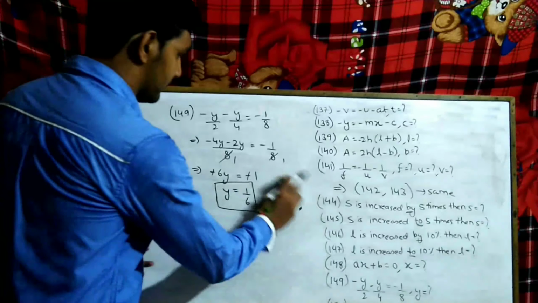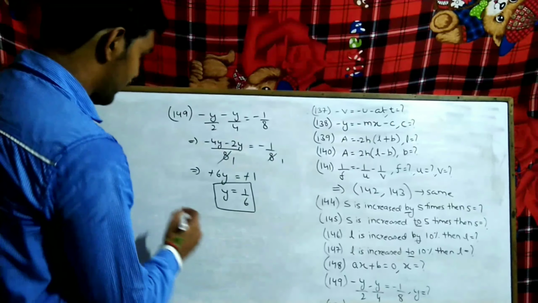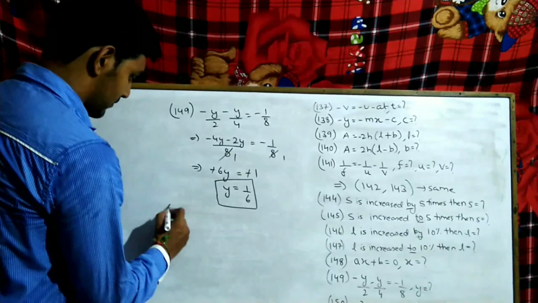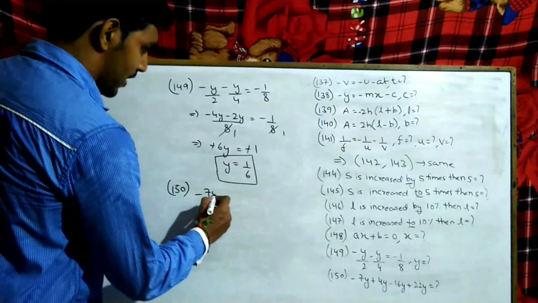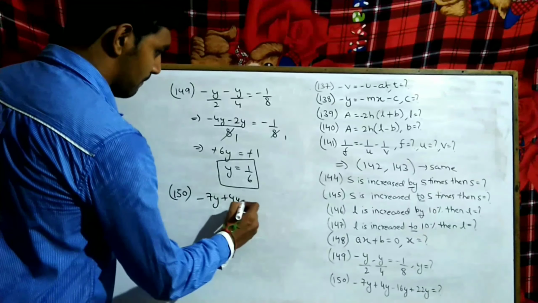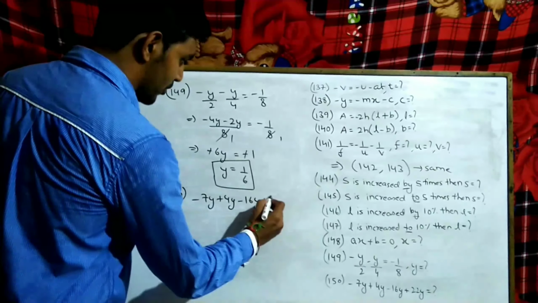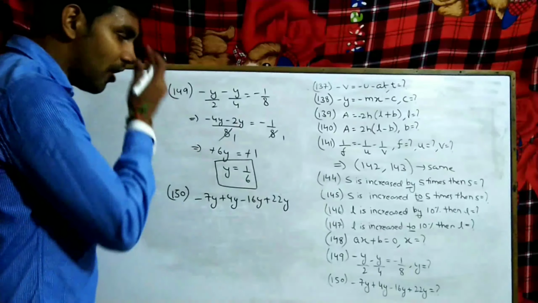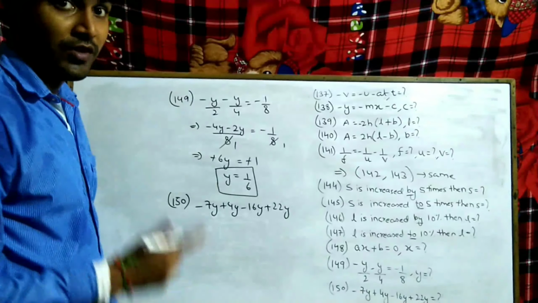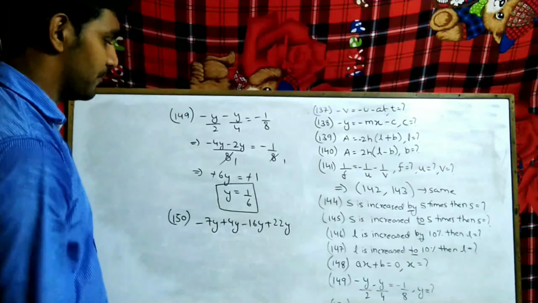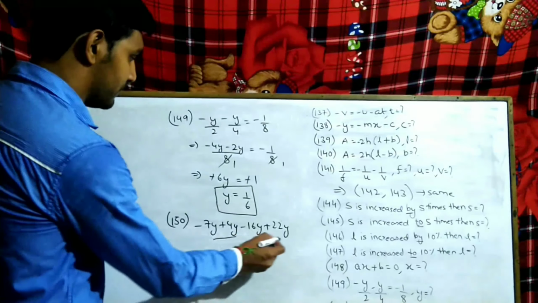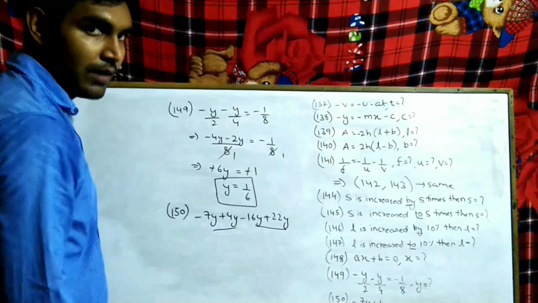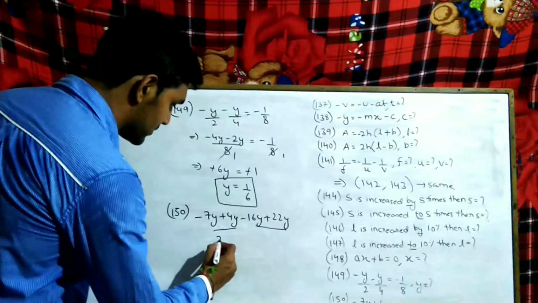Now the last problem, 150: minus 7y plus 4y minus 16y plus 22y. We already discussed this type of problem in the first video, because the variables are the same. Let's take two at a time: minus 7y plus 4y, it comes to 3y.